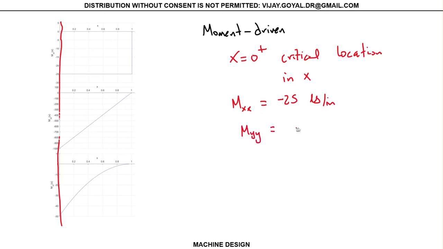Myy would be minus 1,000 pound-inches. Mzz would be minus 50 pound-inches. So this will be the explanation of that, and you can explain why each one of these was actually critical or not.